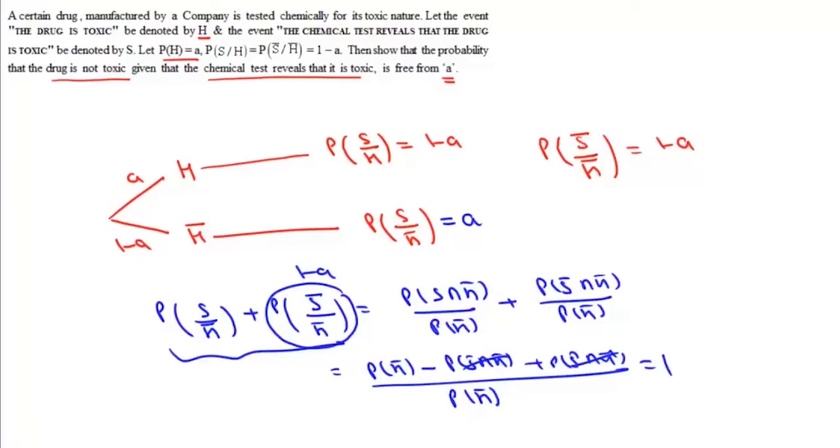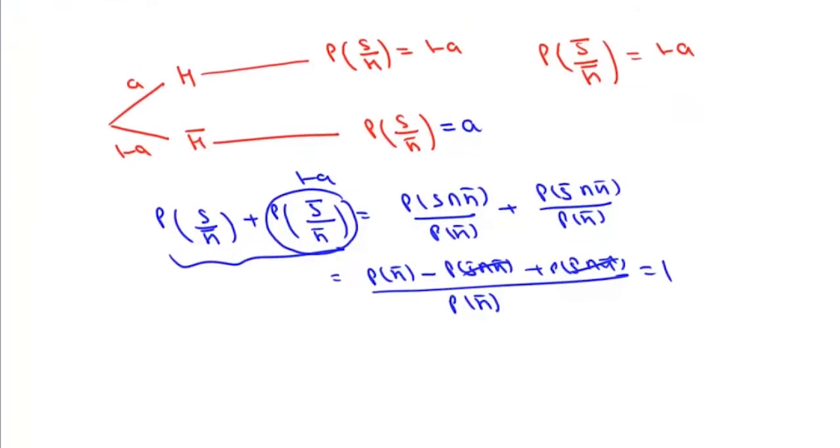Now we need to find the probability that the drug is not toxic given that the chemical test reveals that it is toxic. Now it is a Bayes theorem question. So we need to find the probability that it is not toxic even though the test reveals it is toxic. So what we'll do is we'll take this case in the numerator.